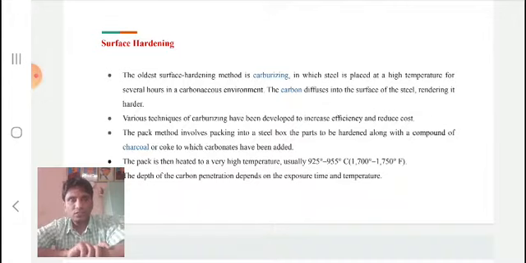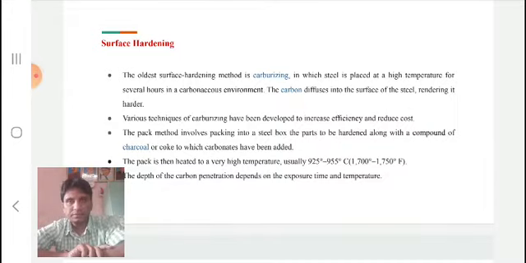In the pack method, whichever steel component we need to surface harden is packed in charcoal filled in a box, usually a steel box, and then the box or the charcoal is heated to a temperature of 925 to 955 degrees, in which the carbon diffuses into the steel.